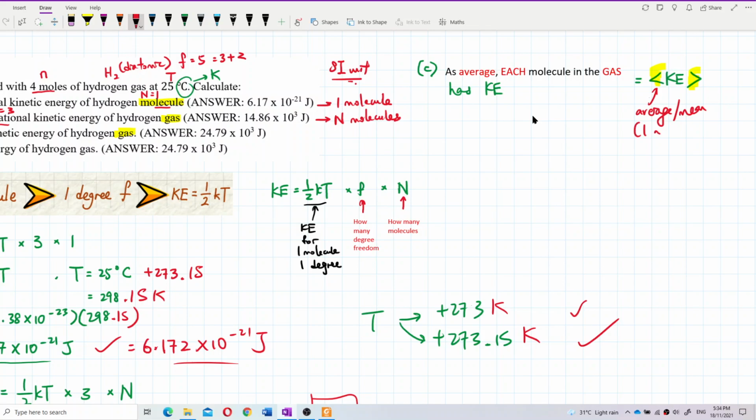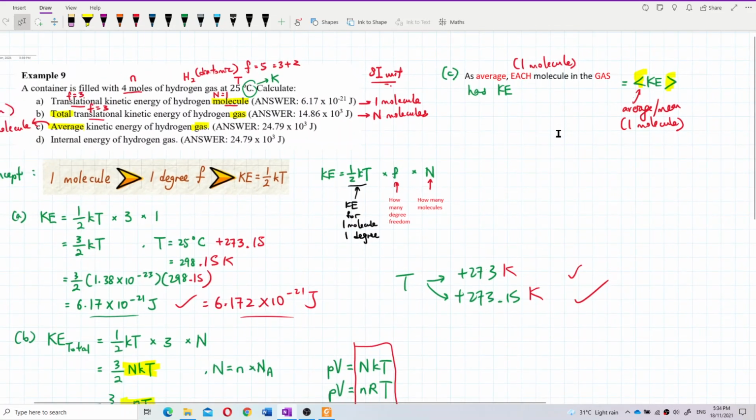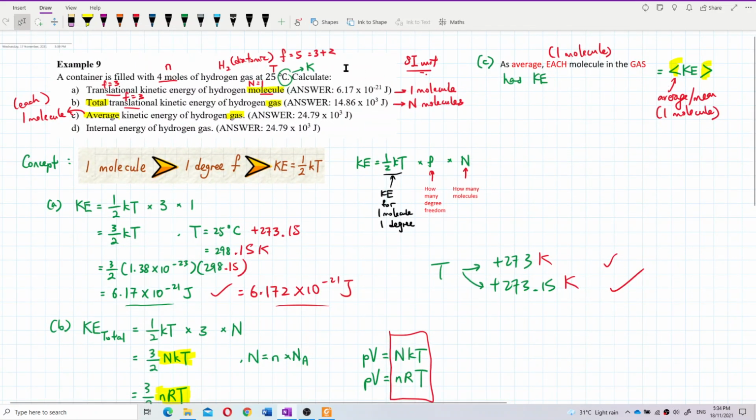It means one molecule. As average, each molecule, that means only one molecule. The kinetic energy of one molecule in the gas. So question C is only one molecule.